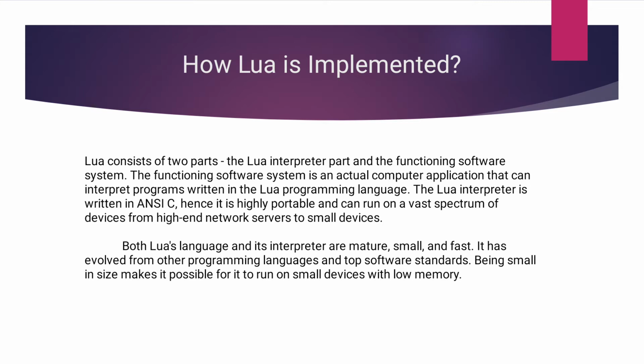Both Lua's language and its interpreter are mature, small, and fast. It has evolved from other programming languages and top software standards. Being small in size makes it possible for it to run on small devices with low memory.